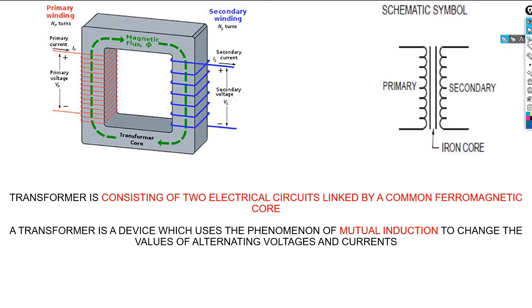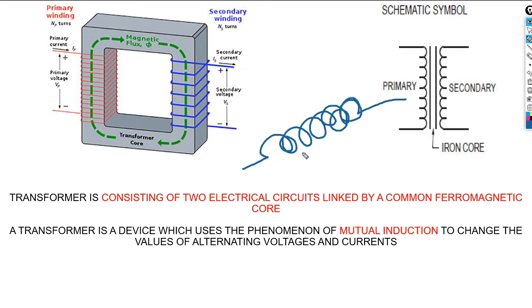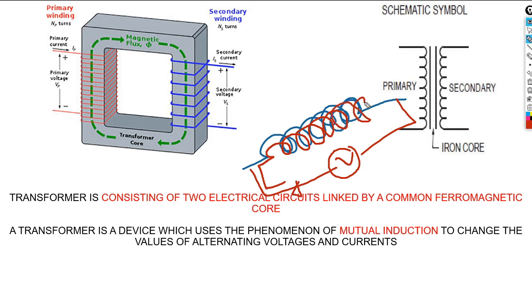We know that any current-carrying conductor, if you come with an AC source across it, if the current is flowing through this conductor, there will be a flux produced around that conductor. So that's what's happening with our transformer.